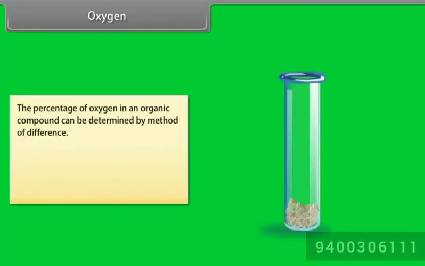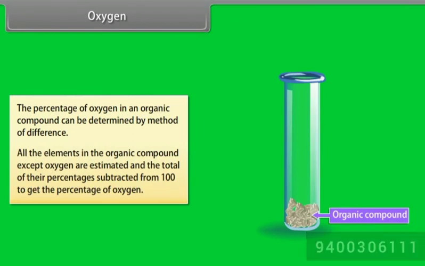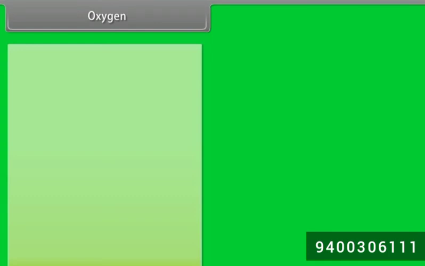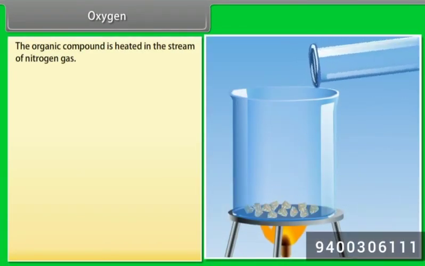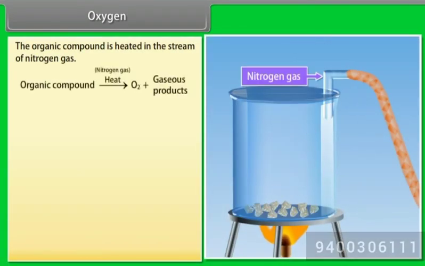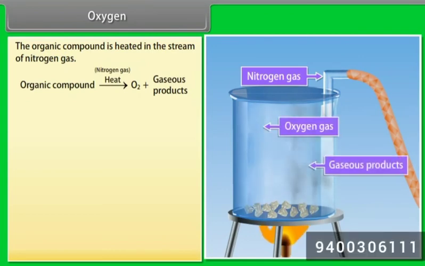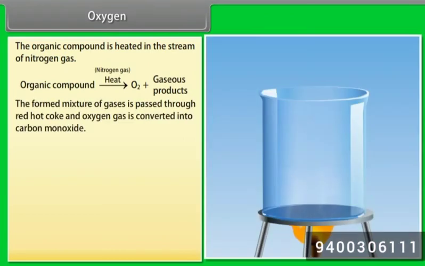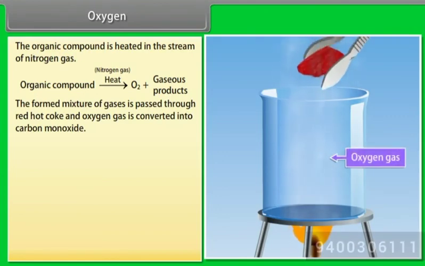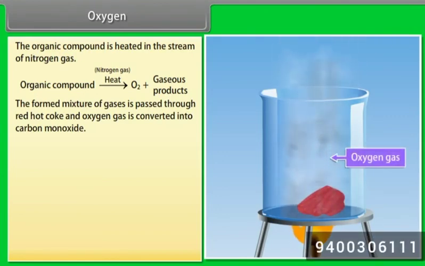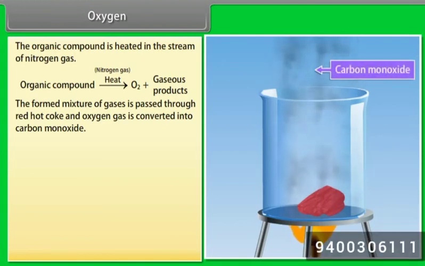Oxygen: the percentage of oxygen in an organic compound can be determined by the method of difference. All the elements in the organic compound except oxygen are estimated and the total of their percentages subtracted from 100 to get the percentage of oxygen. The organic compound is heated in a stream of nitrogen gas. The formed mixture of gases is passed through red-hot coke and oxygen gas is converted into carbon monoxide.